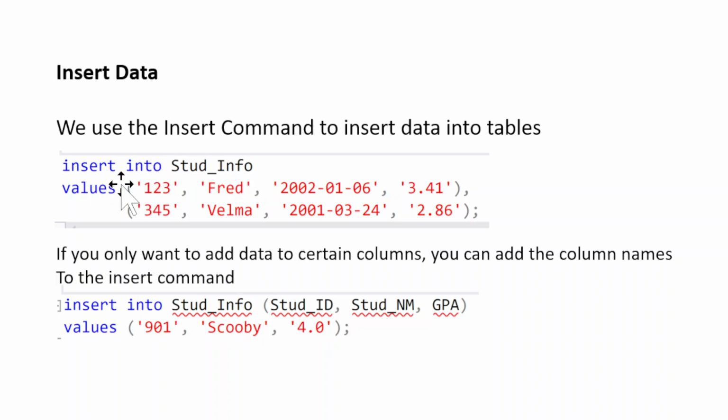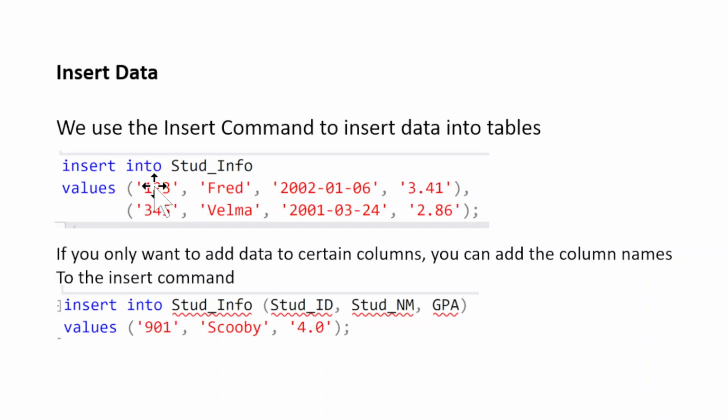You'll notice the commands are insert into, name of the table, then I have values. Okay, values tells me I'm putting data in, and I have these tuples, these sets of values separated by a comma inside parentheses, and notice each tuple is separated by a comma too.